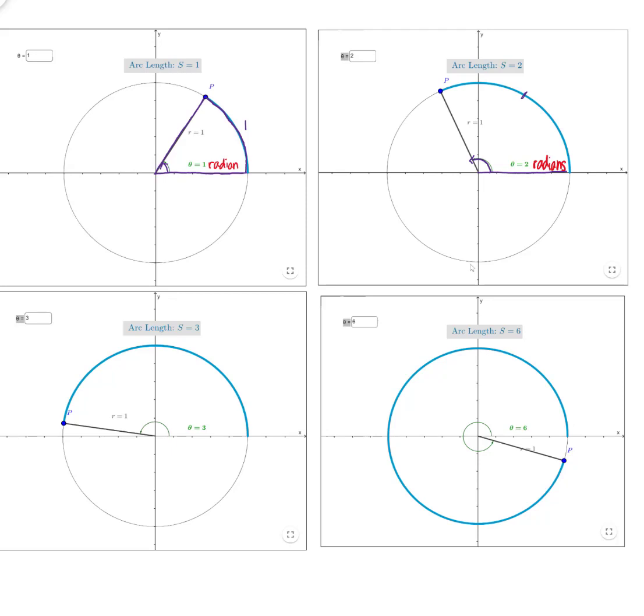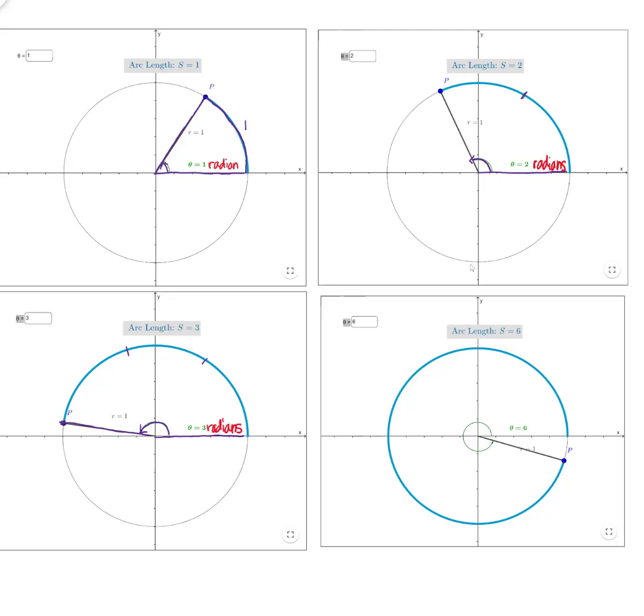So here, do you see how the radius has length 1 and then the arc length is 2, so twice the radius. The next circle has a radius of 1, but then if we measure out 3 of those units, do you see how we end up over here? So this angle, theta, is equal to 3 radians.